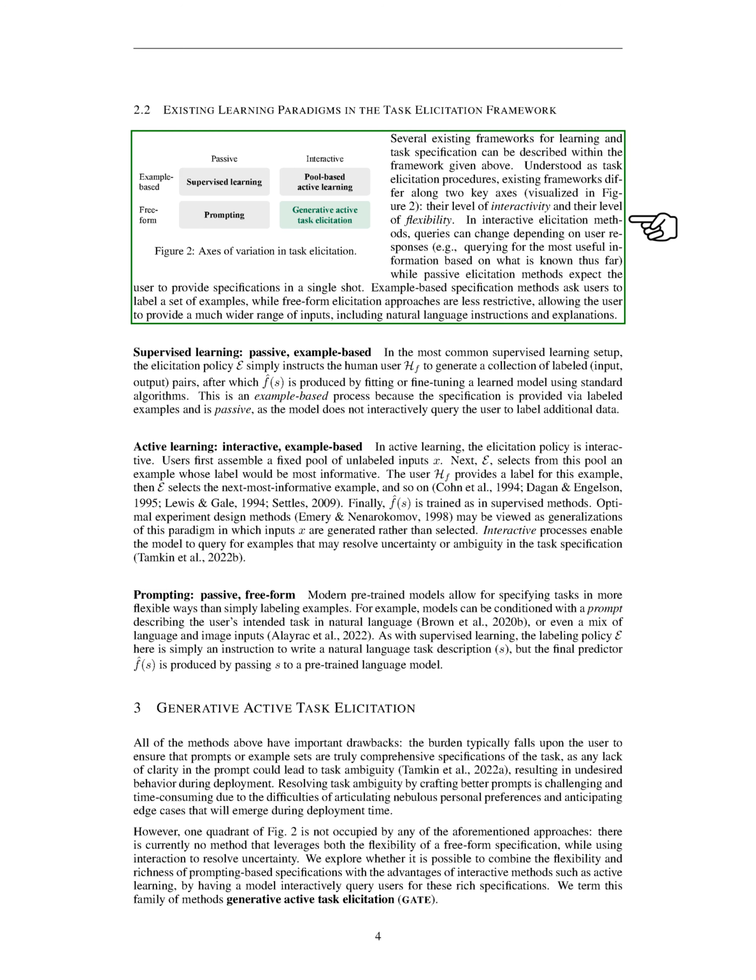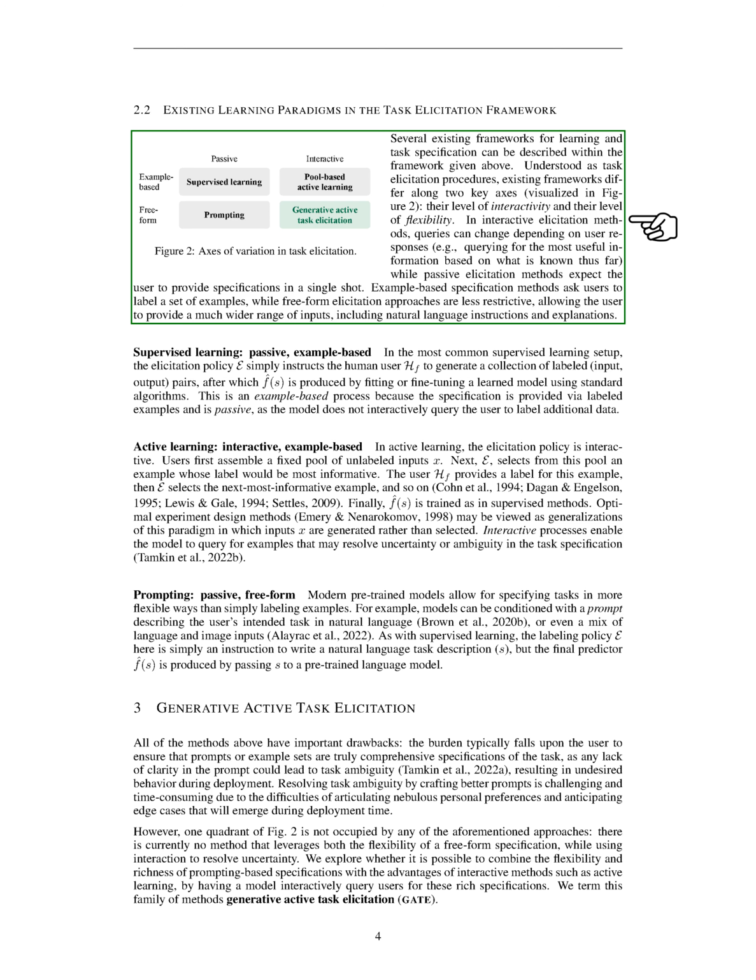Interactive methods allow the system to adjust its queries based on user responses, such as asking for the most useful information based on what has been learned so far. On the other hand, passive methods require the user to provide all the necessary information in one go. When it comes to flexibility, some methods are example-based, asking users to label a set of examples. Others are free-form, giving users the freedom to provide a wide range of inputs, including natural language instructions and explanations.